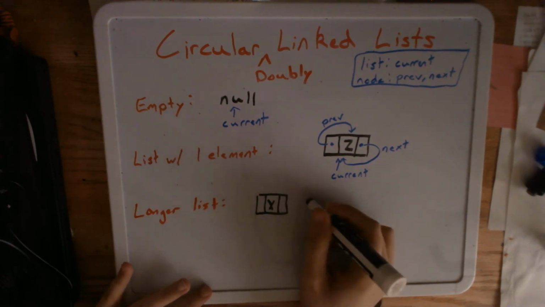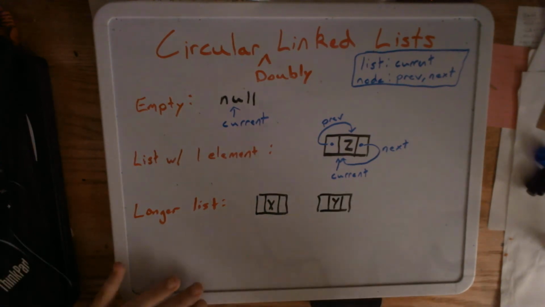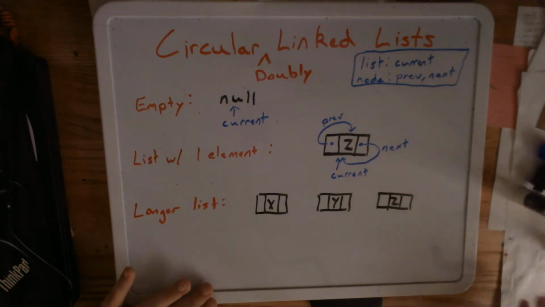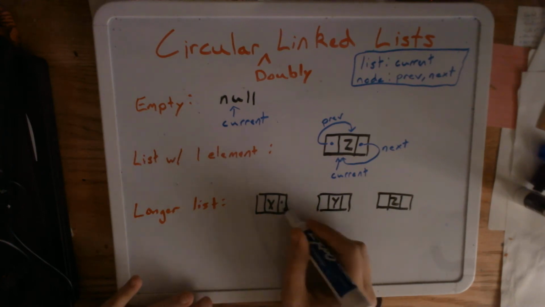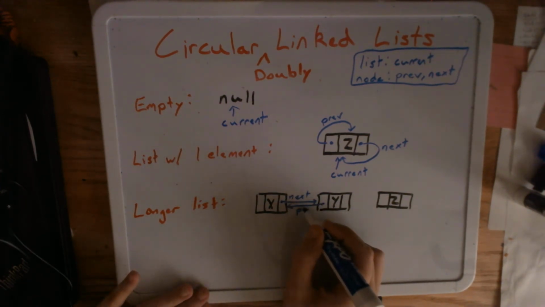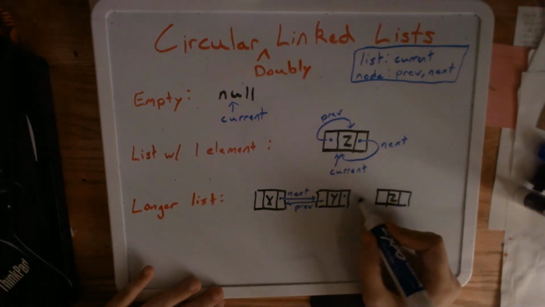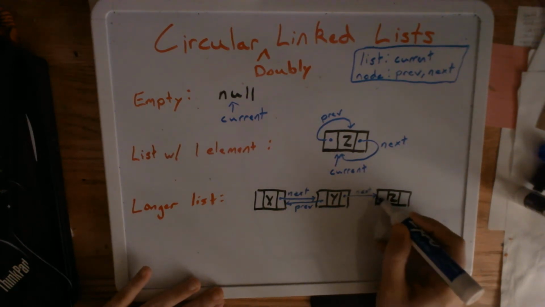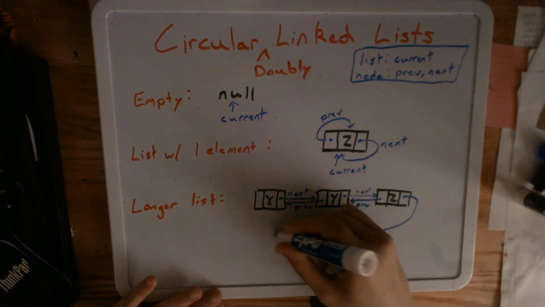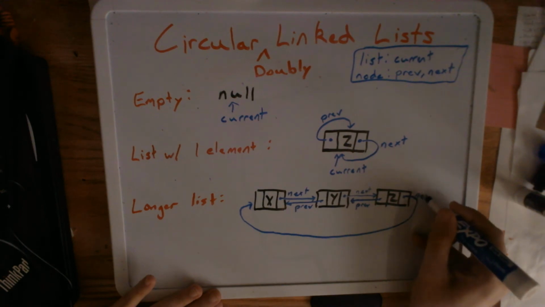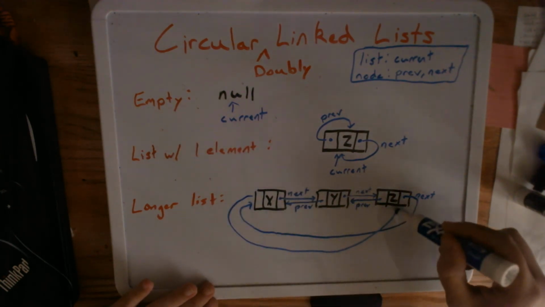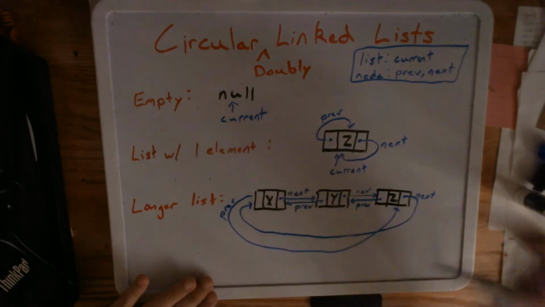So let's say this is X, Y, Z. Right, and X's next points to Y, and Y's prev points to X. Y's next points to Z, and Z's prev points to Y. And then Z's next comes around to point to X, and X's prev comes around to point to Z, because this is a circle.